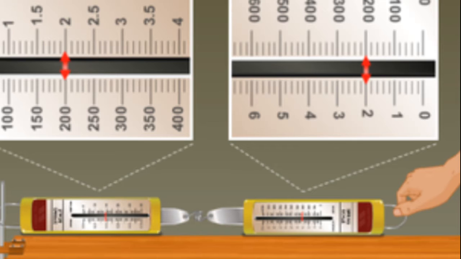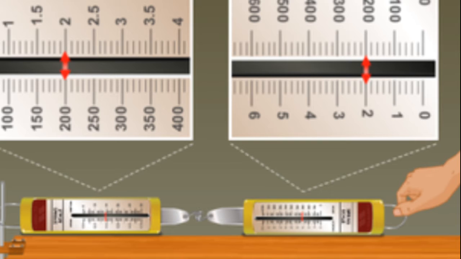The pull of the second spring balance on the first spring balance is called action, and the pull of the first spring balance on the second spring balance is called reaction. So, we can conclude that to every action there is an equal and opposite reaction. It is also clear that the action and reaction are equal and opposite, but they act on different bodies simultaneously. Hence, they do not cancel each other.